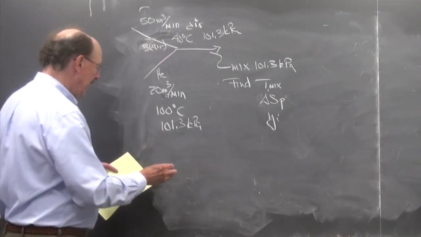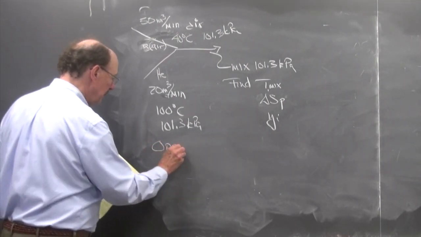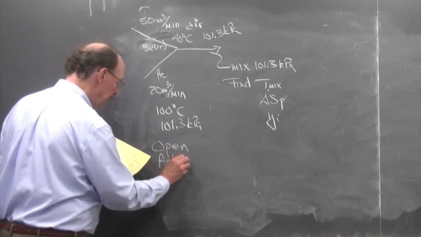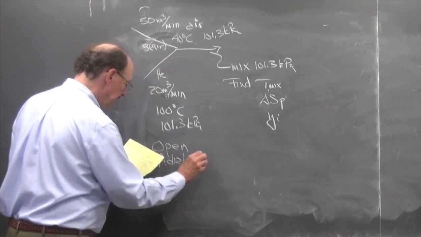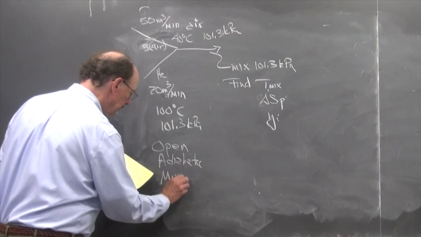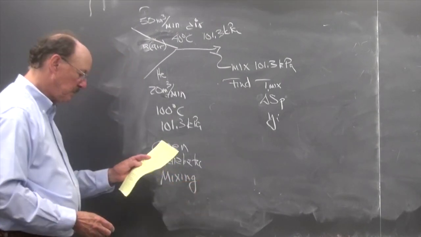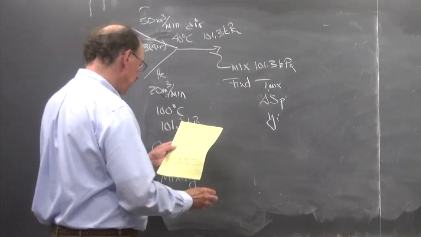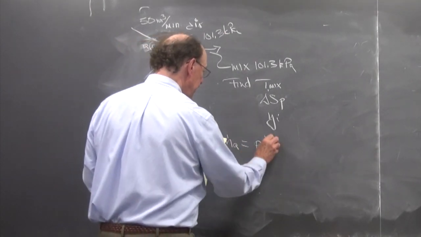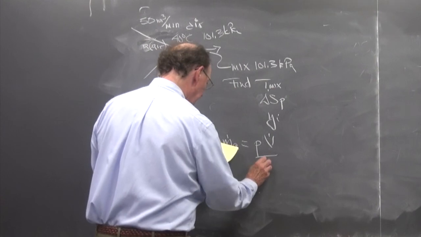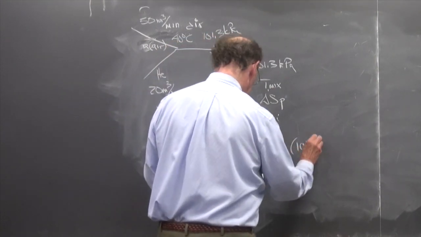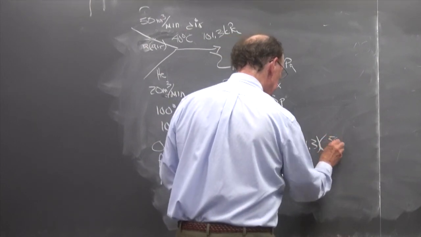As we know, we have an open system. It's adiabatic, and we have mixing going on. The mass flow rate for the air, m dot air, is P V dot over R T. So I have 101.3 times 50 over 60.